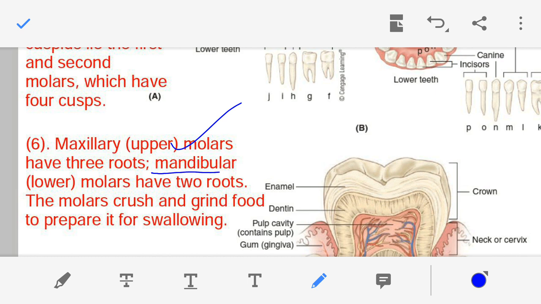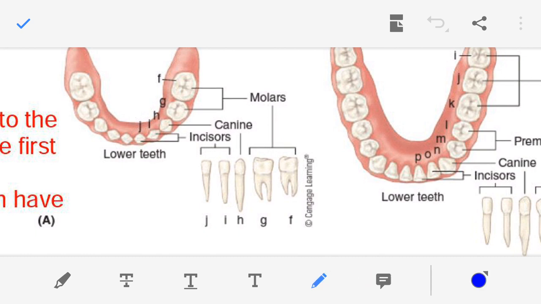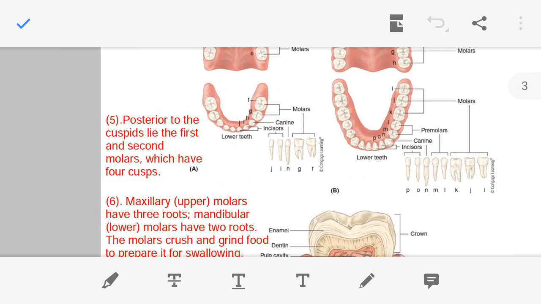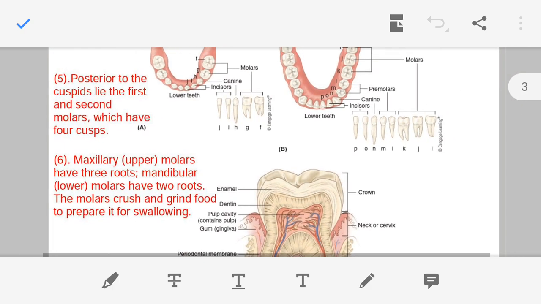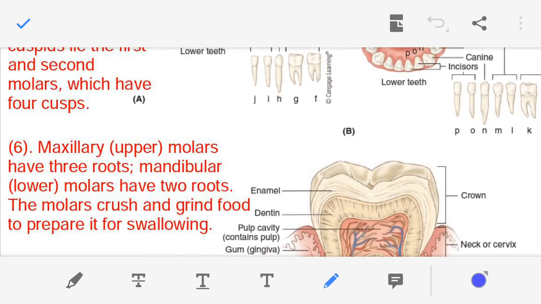Then the mandibular molars, that is the lower molars, have 2 roots. Let me show you this. As you can see, they have 2 roots. Now, how do we use the molar teeth?